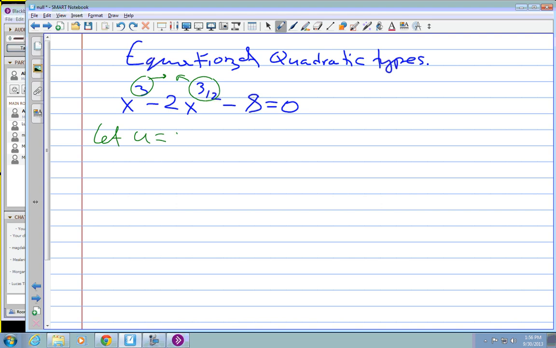So let u equal x to the power 3 halves. To get from 3 halves to the power 3, you have to square it. So when you make the substitution, you'll end up with u squared minus 2u minus 8 equals 0.